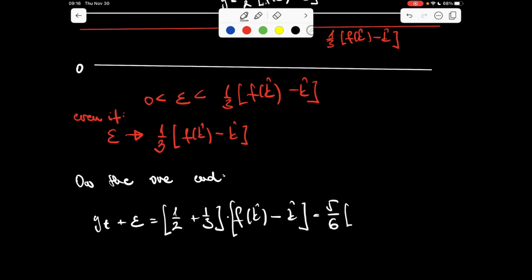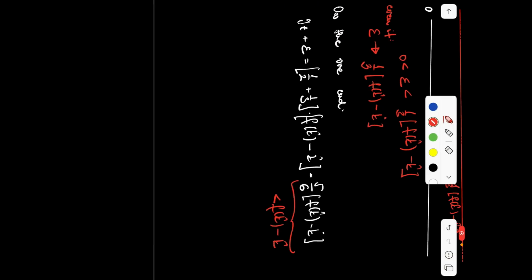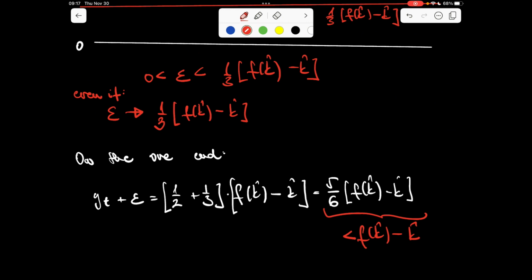So this is the production path which we receive with this epsilon, which is strictly lower than the upper bound on the production set.